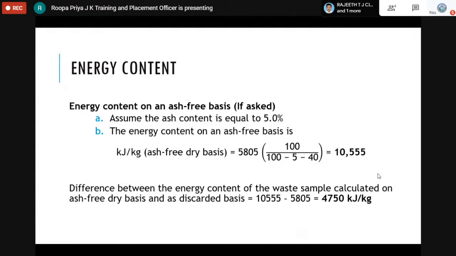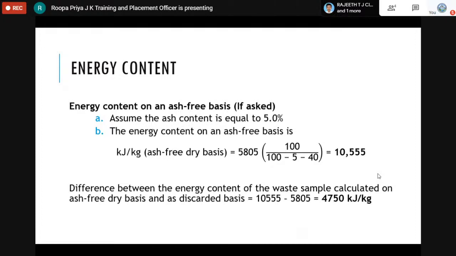And when you have to take the difference, use this 10,555 minus the unit energy content, which is your 5,805, and that gives you the difference between the energy content of the ash-free dry basis and as discarded basis. So if asked, you just have to use this one liner which says assume the ash content equal to 5%, and then you get your energy in kilojoule per kg for ash free dry basis.